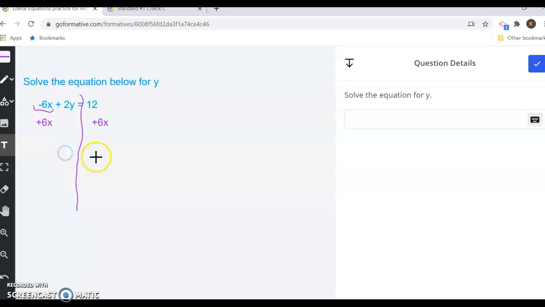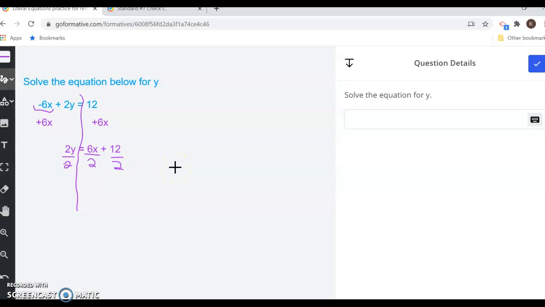So then my next line down would be 2y equals, and then put those two together, x part first, and then the number, so 6x plus 12. And now we're going to divide every number by 2.